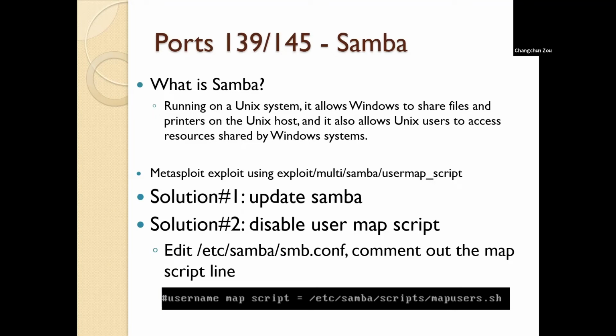So it's like a compatibility program to make sure that file sharing can be exchanged between Unix machines and Windows machines. Samba service is very popular for Unix because many Unix users still need to access some Windows shared drive or Windows shared printer.